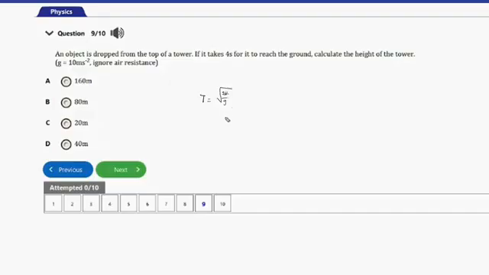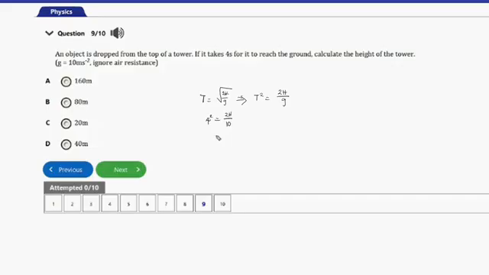So guys, if we remove this square root by squaring both sides, we are going to have t squared is equal to 2h over g. So if we go ahead and plug in the values here, t is 4 seconds. So 4 squared is equal to 2 times h over 10 meters per second squared.